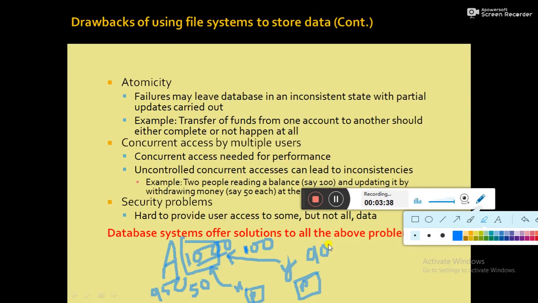Why 900? Because program P executing on behalf of Y is also reading the old value of A, which is 1000. Then minus 100 is 900. And depending upon which one writes the value last, the account may contain either 950 rupees or 900 rupees rather than the correct value 850.